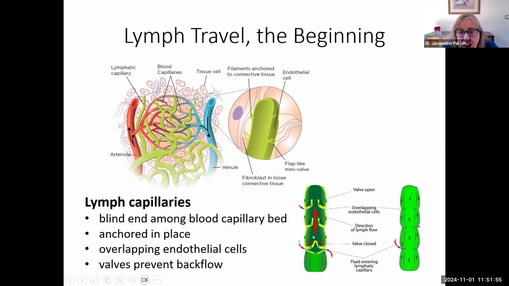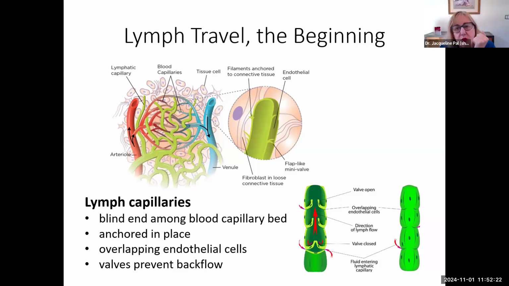Now, once the fluid is inside the capillary, it's only going to travel in one direction because there are valves which are going to prevent backflow. So what's going to happen is when muscles contract, it pushes the lymph up in one direction when the muscle relaxes.